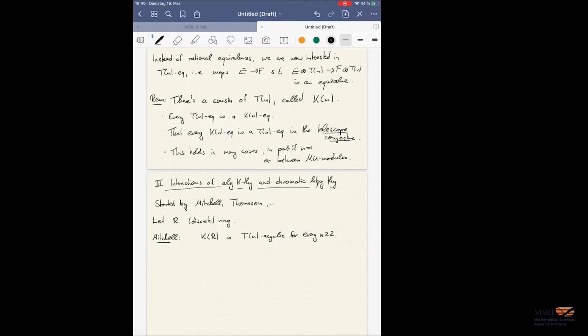Meaning that, i.e., Tn tensor K of R is 0, or we could also phrase it equivalently as the Tn localization of K of R is 0.